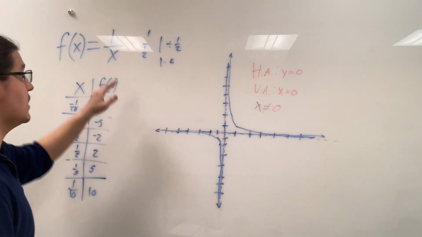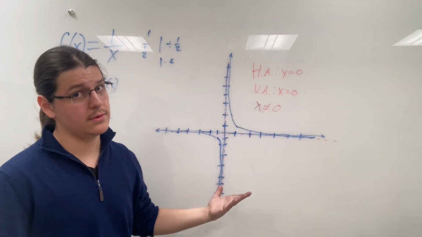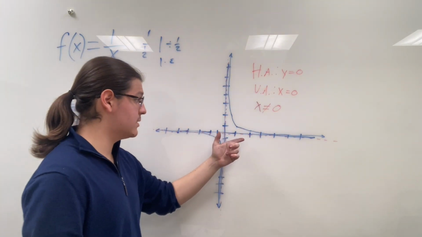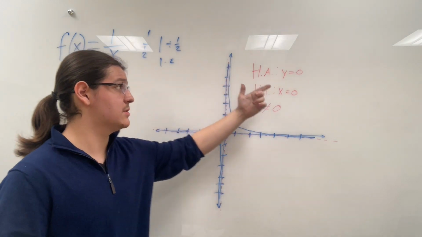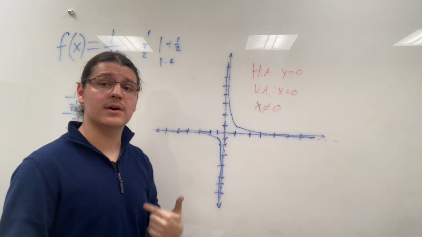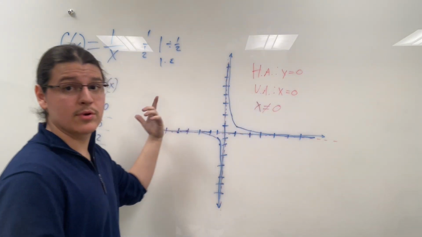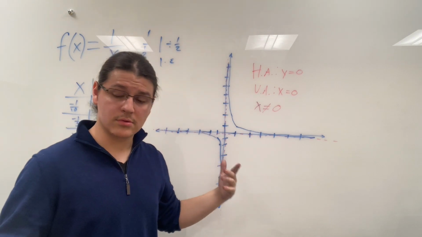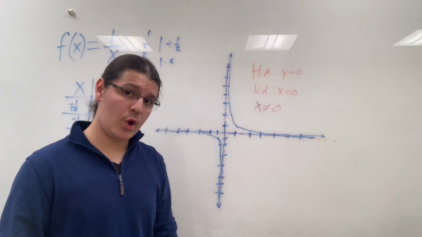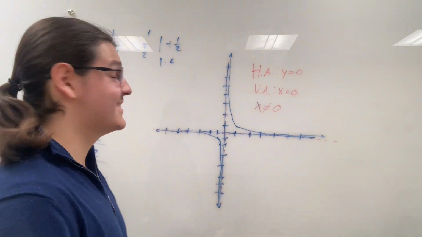We can only control our inputs. That is why we restrict our inputs. What happens at x equals 0 is not up to us. But we can choose to put in 0 and break this. Rational functions. Pretty neat.